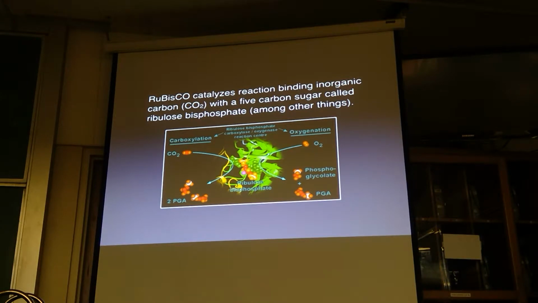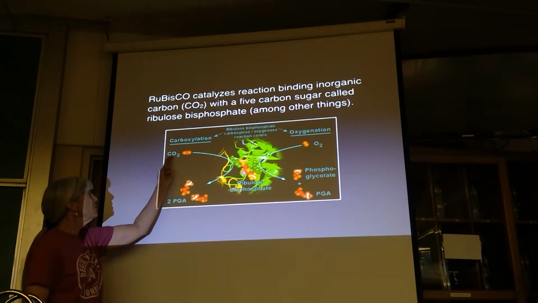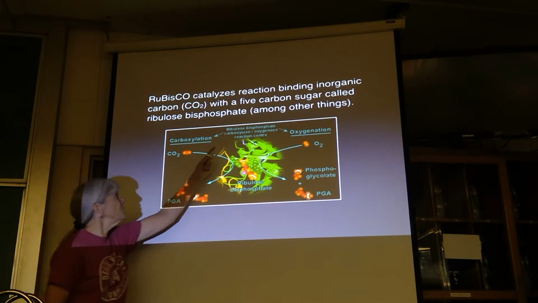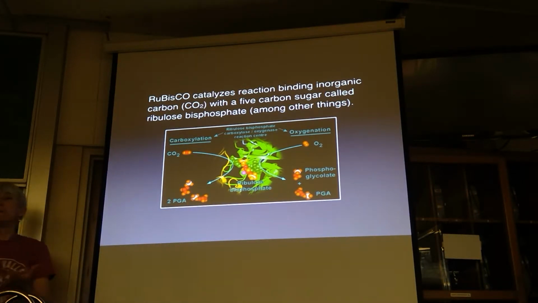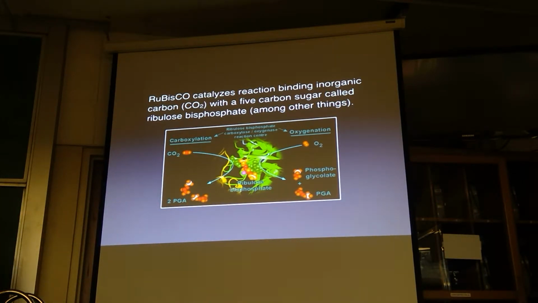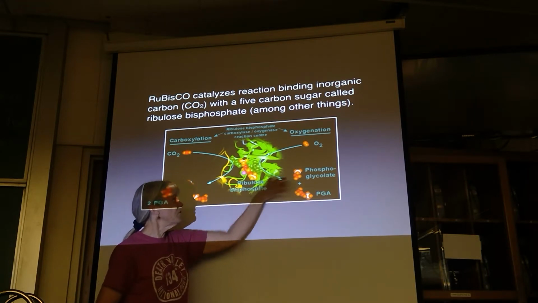This diagrammatic representation is showing you CO2 coming in here. Again, the carboxylation is what's significant. We're going to put this carbon onto a 5-carbon sugar. We're pulling inorganic carbon in and sticking it into an organic form. It's binding to an organic compound. Once it's a 6-carbon compound, again, oxygen is bound with it, and then it splits in half.